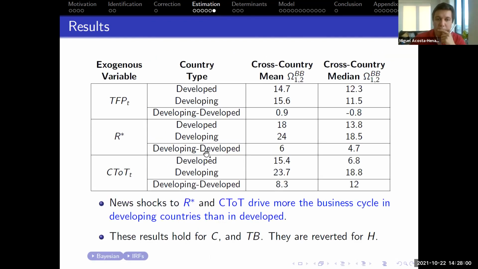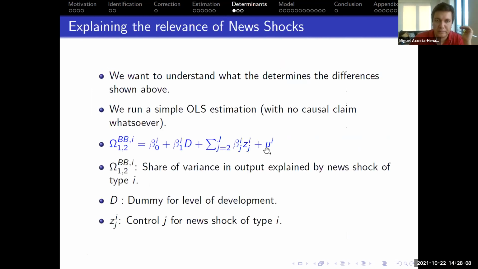So when we study what is behind these differences, we jump into just plugging into a simple OLS estimation our share of variance explained by news shocks to either foreign interest rate or commodity terms of trade, and a bunch of controls, including a dummy for the level of development.